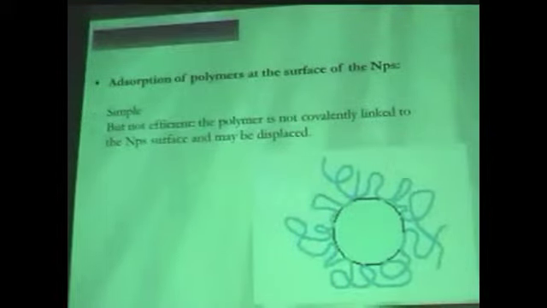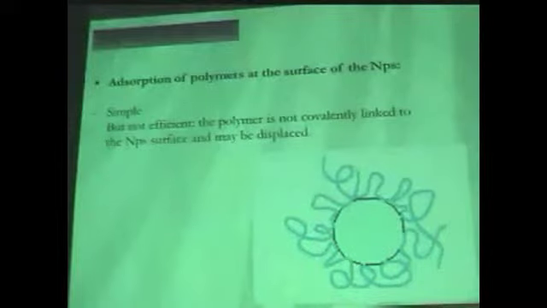As concerns the stabilization by polymers, this is very important for our nanoparticles in view of biomedical applications. So I will describe the stabilization in more detail. The first and very simple way to stabilize nanoparticles via polymers is just adsorption of polymers at the surface of the nanoparticles.